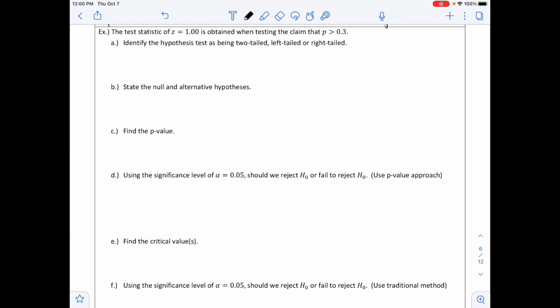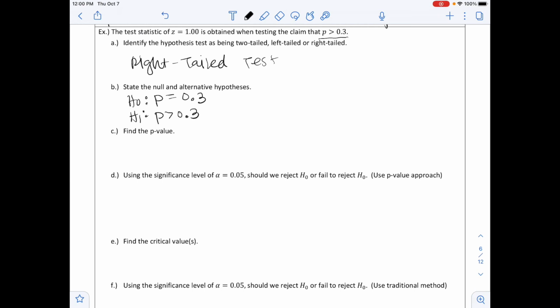And since we know that our null would always have an equal sign, this right here is what we're testing, and that's our alternative hypothesis, which means that this is going to be a right-tailed test. Part B says to state your null and alternative. So our alternative is going to be that p is greater than 0.3, and then our null would be p is equal to 0.3.